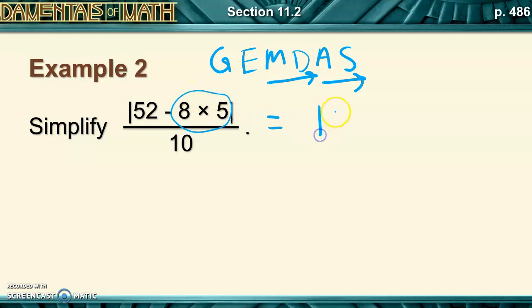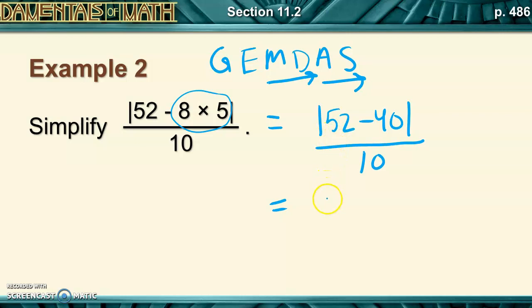This would be the absolute value of 52 minus 40, because 8 times 5 is 40, over 10. We haven't simplified this whole thing yet. We have to go ahead and subtract. So we have to do the absolute value of 52 minus 40. 52 minus 40 is just going to be 12. And we still haven't used that absolute value sign yet.